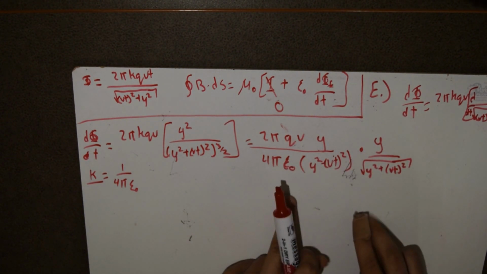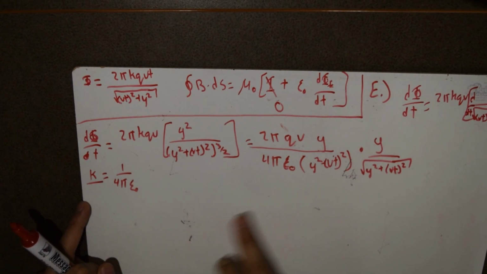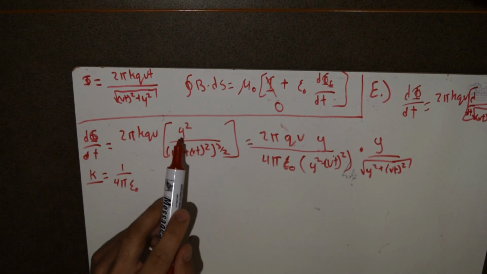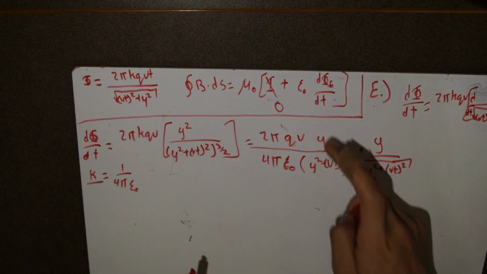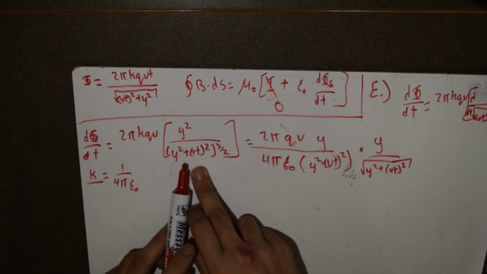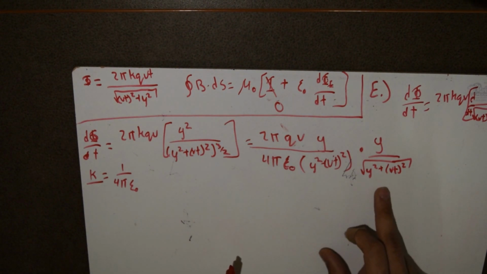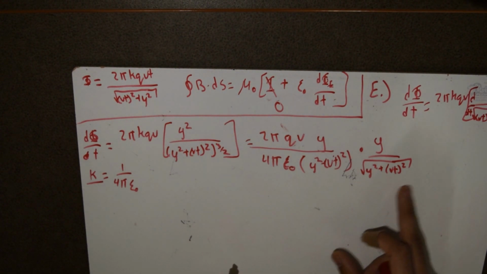So it's the same equation. The only differences are that I rewrote k as 1 over 4 pi epsilon naught, and I separated the y squared into a y here and a y there, and I broke the denominator into y squared plus vt squared to the first and y squared plus vt squared to the one half.